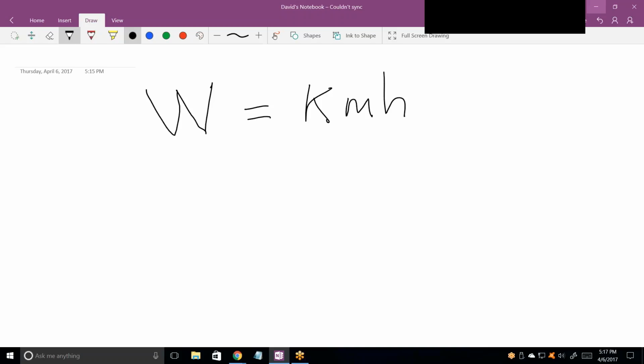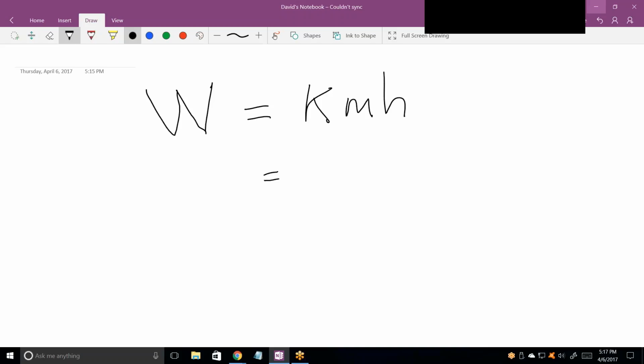Now it gives you some conditions. The work done when a 120 kilogram object, well, what variable is that? Not W. Notice that it says the work done. When a 120, that's the mass.